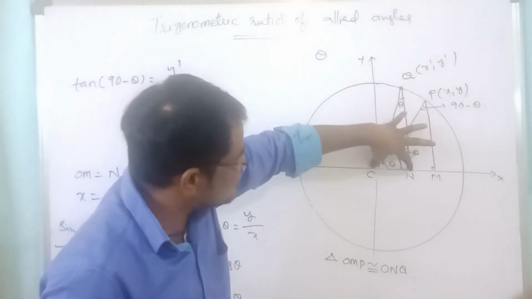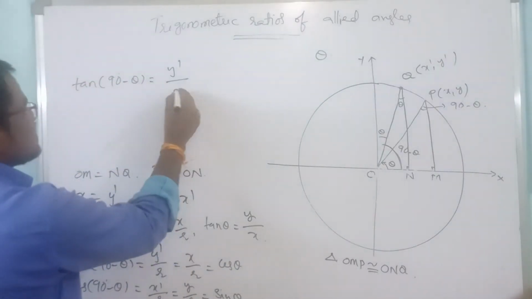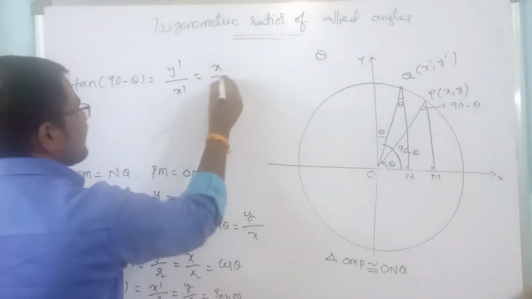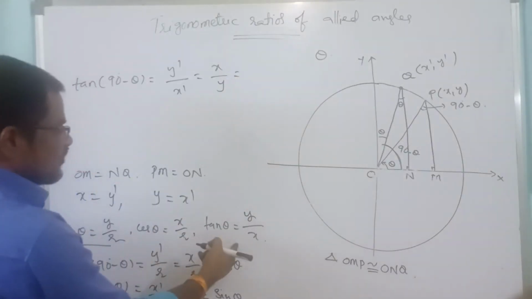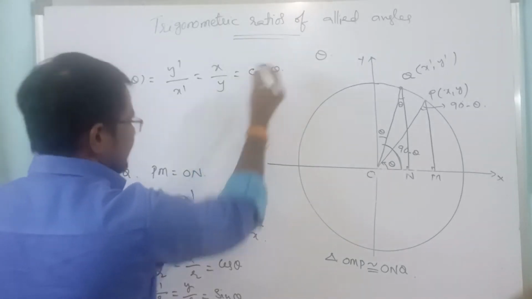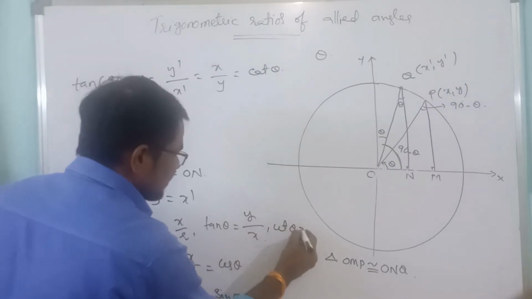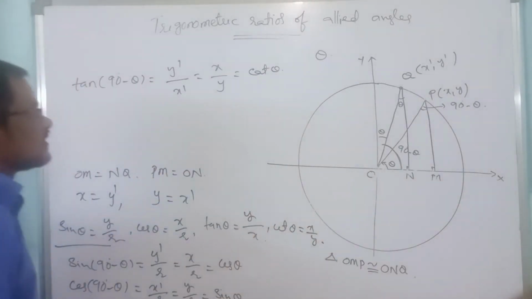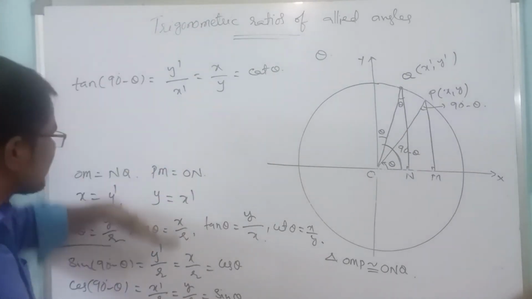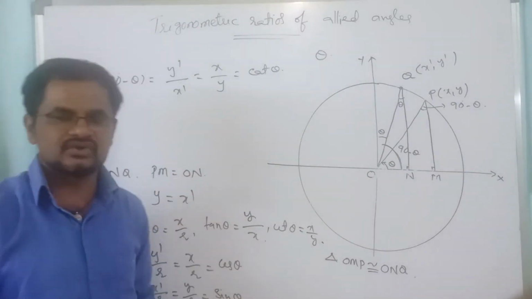The adjacent side is YN, that is x dash. But y dash is x, and x dash is y. So x by y, the reciprocal of tan, is cot theta. So tan of 90 minus theta equals cot theta. Like this, the remaining cot, secant, cosecant you can also take.